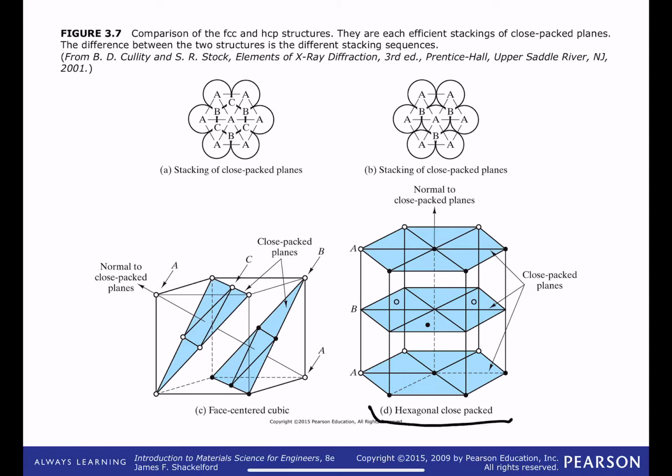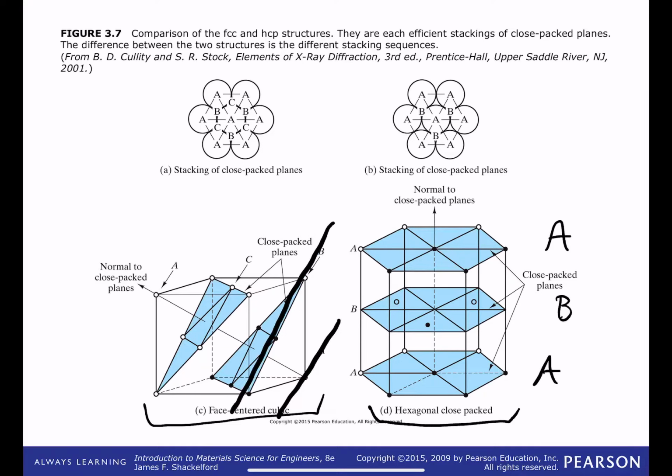Notice that our hexagonal close packed system with an A, B, A stacking sequence is shown at right, and that this is going to differ from what we see in the FCC cubic system. Our A plane this time is on angle, our B plane on angle again, and our C plane is on angle again. And we fill space as efficiently, but inherit the cubic crystal system with an FCC Bravais lattice.